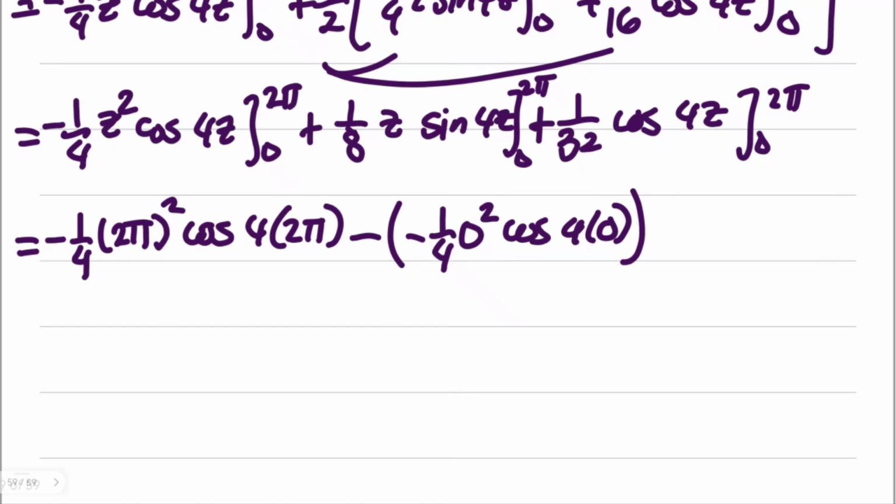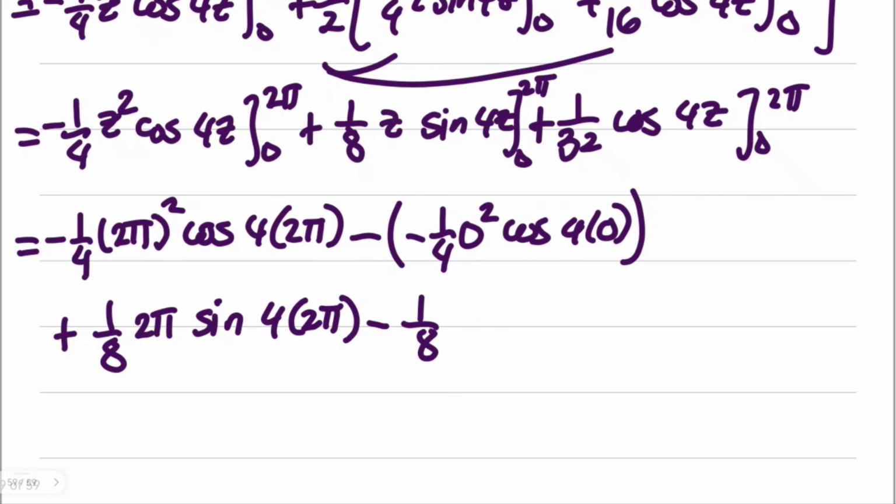Now, the grouping symbol might not be needed for some because this is still 0, but allow me to do that to be consistent with the correct process. This is just for the first term. For the second term, plus 1/8, you have your 2 pi for your z, sine 4 times 2 pi, minus 1/8, 0 times 0, times sine 4 times 0. That's for the second term.